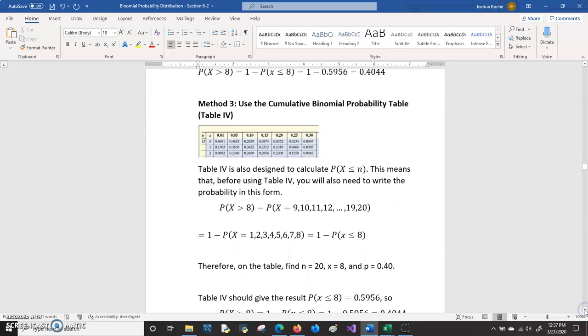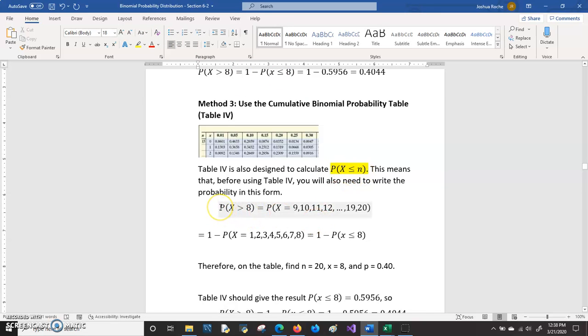And then the third way is that you could use a table. It's that same cumulative binomial probability table. But like before, remember that table, it's designed so that it's doing this calculation, that x is less than or equal to a number.